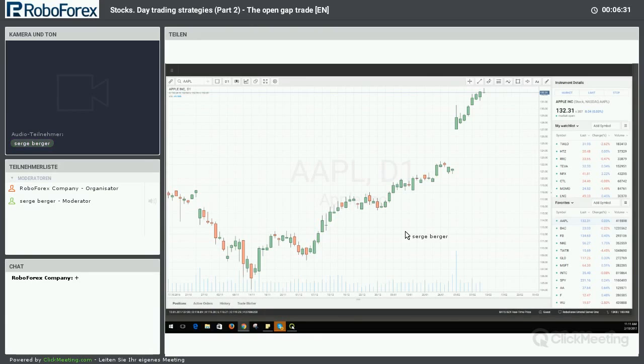So when you look at an up gap, for example, such as we had here in shares of Apple, this was just a few days ago, you will want to understand that this gap happened for a very specific reason. And the reason for the gap in this case was earnings, right? So the company reported earnings, and the stock gapped higher.